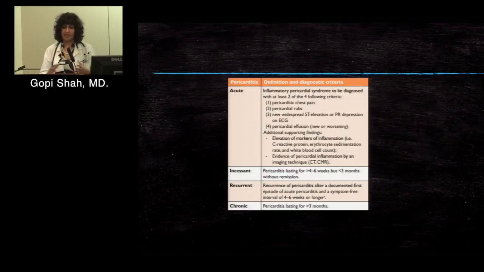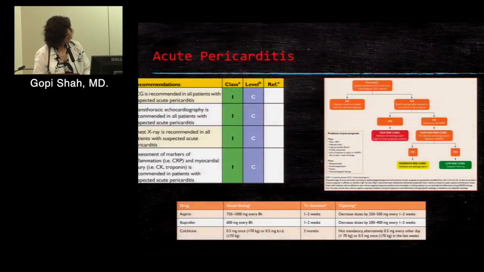Now we have pericarditis divided into acute, incessant, recurrent, and chronic. That is not what I'm going to focus most of the talk on, so I'm going to go through this really quickly, because all this shows is the class 1 indication of echo in the setting of pericarditis, that there is treatment, and when further imaging becomes necessary.